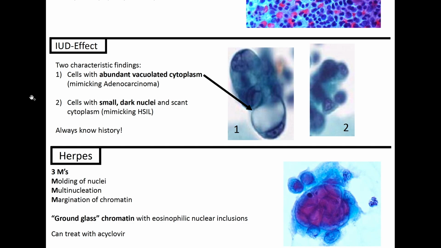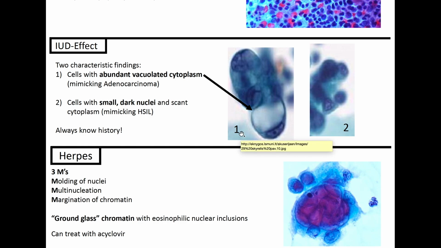Next up, you have the IUD effect, or the intrauterine device effect. And this is similar to radiation changes in my mind. You're having these vacuolated cytoplasm or bizarre changes. So the two characteristic findings for IUD effect: you have cells with abundant vacuolated cytoplasm, and then cells with dark, very small dark nuclei and scant cytoplasm that mimics HSIL.